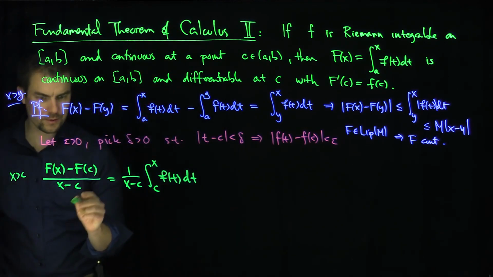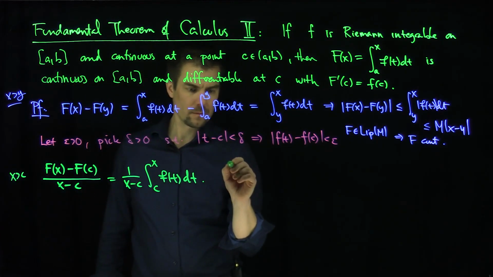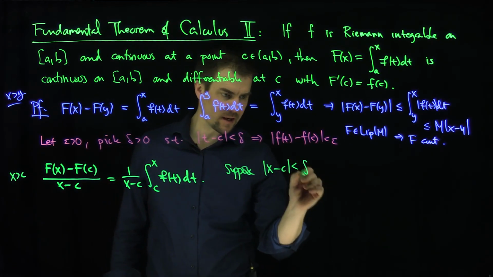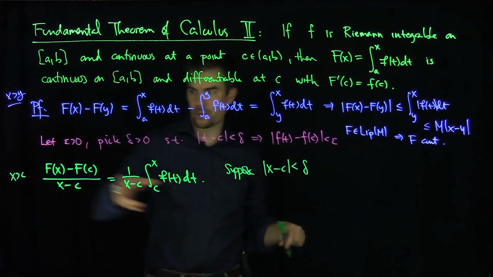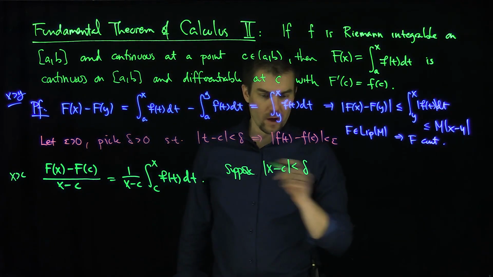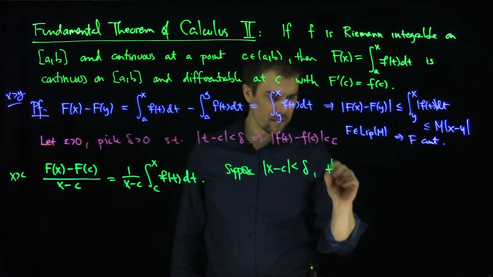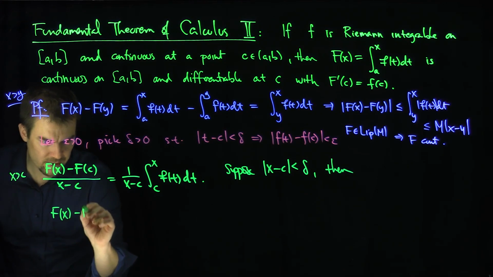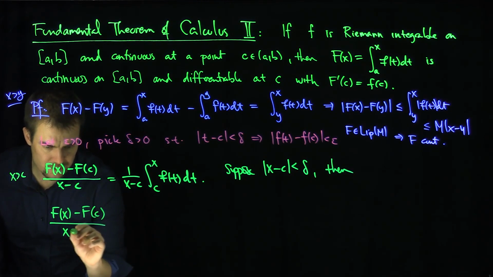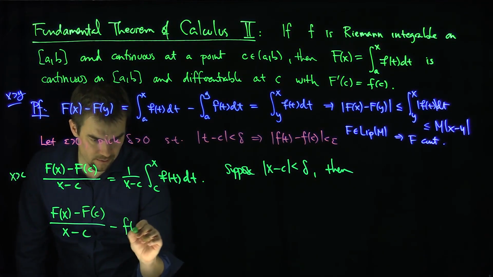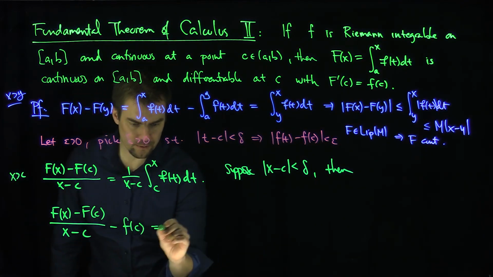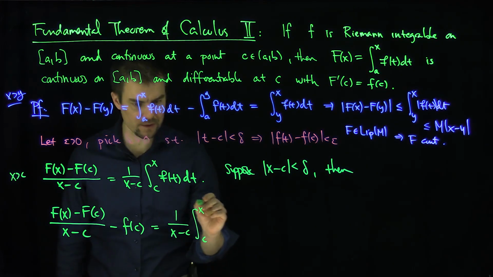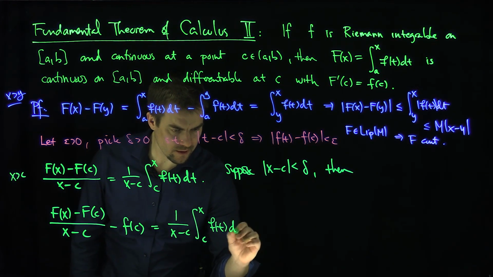Now suppose that the absolute value of x minus c is less than delta, which is the case as I want this to be going to 0. Then F of x minus F of c over x minus c, minus f of c, is equal to 1 over x minus c times the integral from c to x of f of t dt.